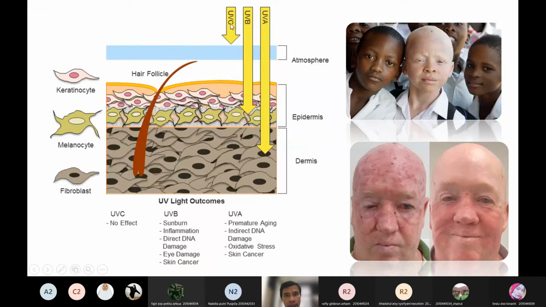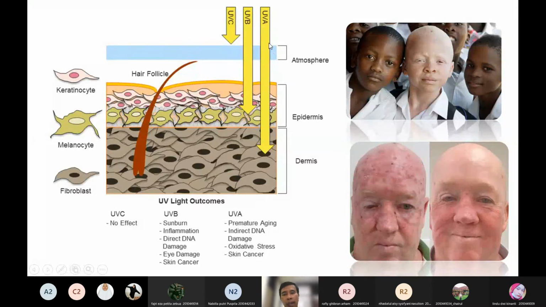So commonly UVB, the wavelength is very long, and it just affects these layers. The keratinocytes are very superficial in the epidermal layers of our skin, and it may cause the sunburn. Jadi biasanya kalau kita kena radiasi UVB, itu biasanya terbakar, sunburn.